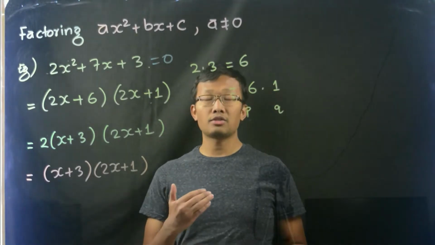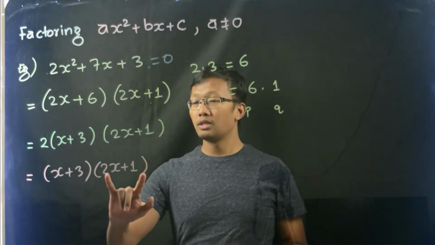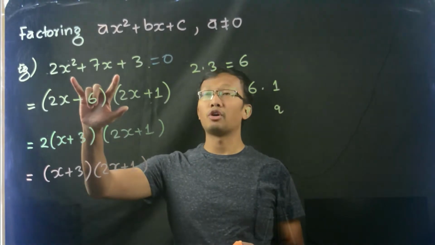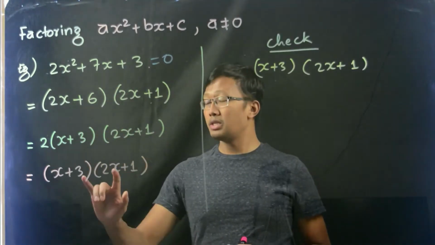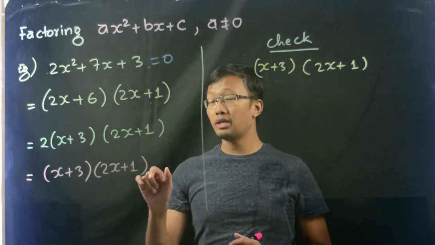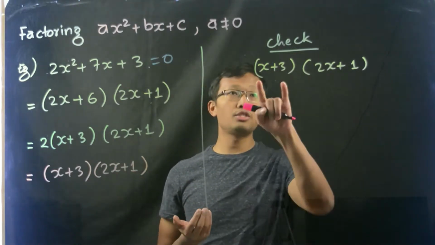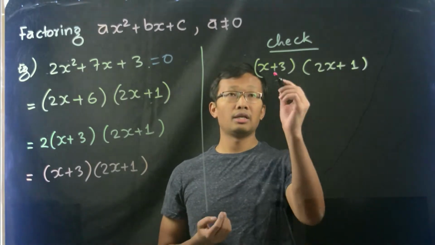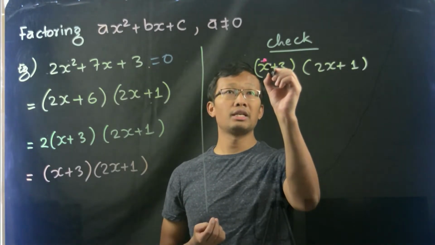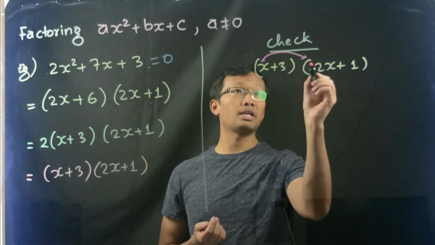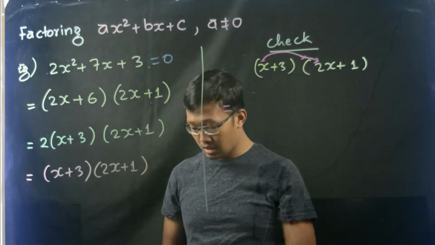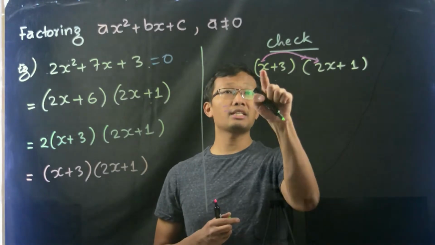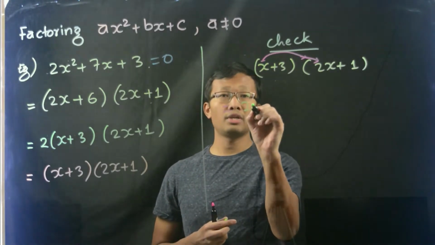Let us check whether these two factors, when multiplied, give the original quadratic expression or not. I have copied down these two factors as they were. Now let us multiply these two binomials. First let us choose x and multiply it with 2x. x times 2x is 2x squared.